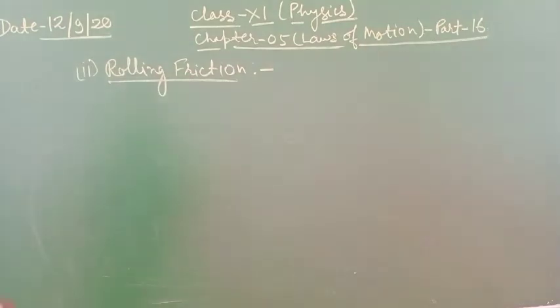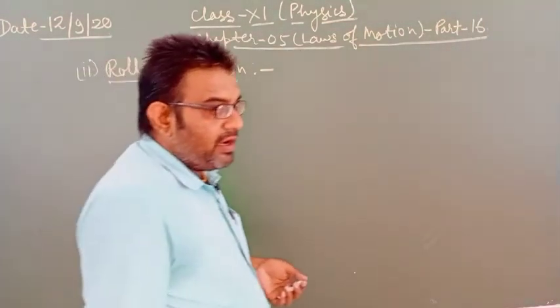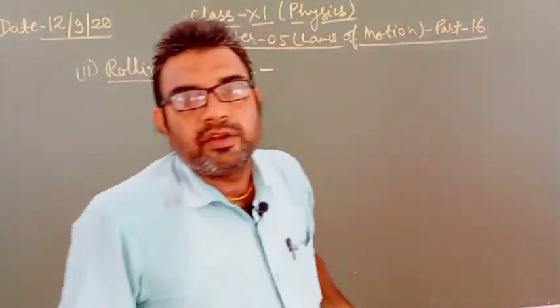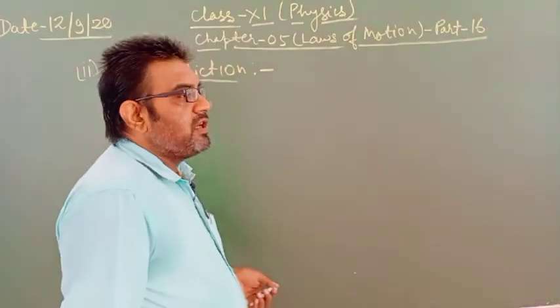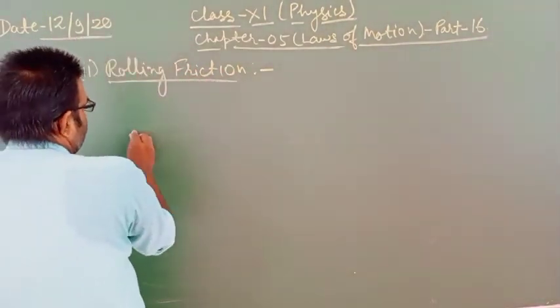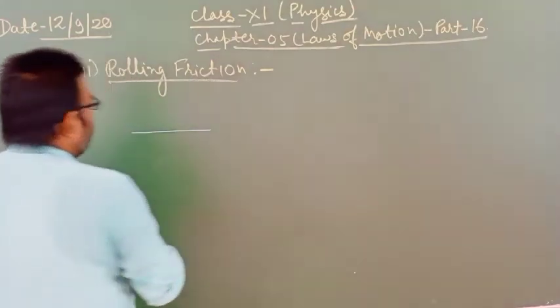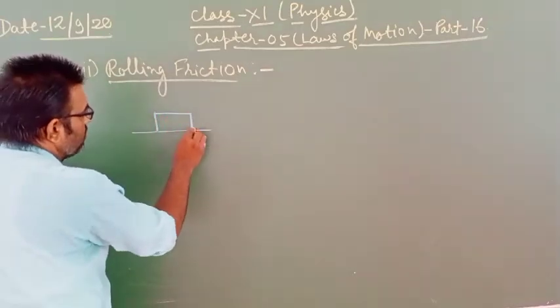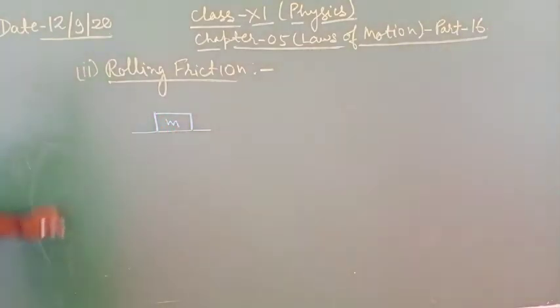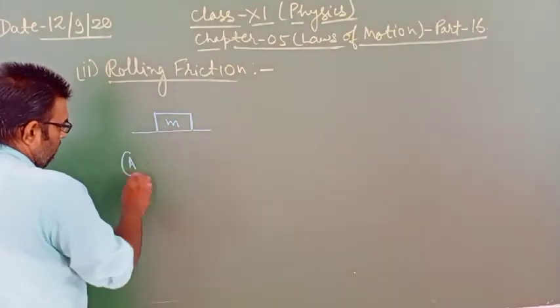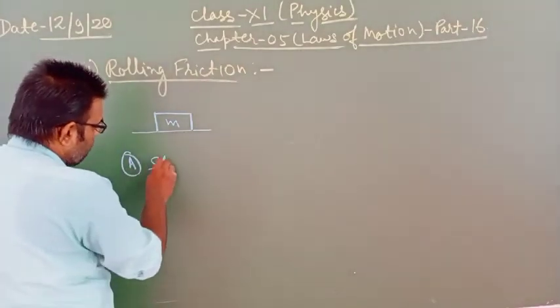So dear students, how can you understand rolling friction as compared to static friction and kinetic or sliding friction? Suppose we had taken a box of mass m. This is case A for static friction.